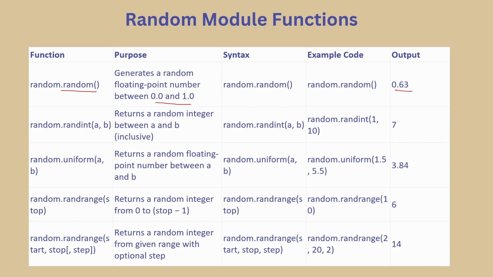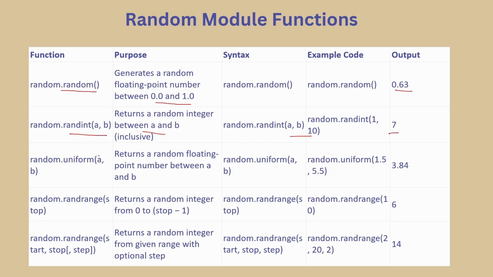Then we have random dot randint a b. It returns a random integer between a and b inclusive. Let's say if a is 1 and b is 10, here the output is 7, so it could be anything between 1 and 10.